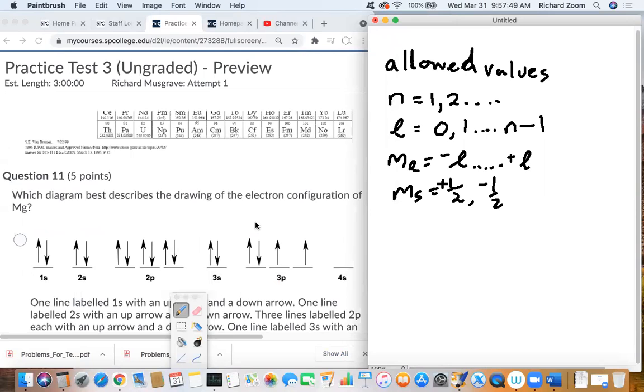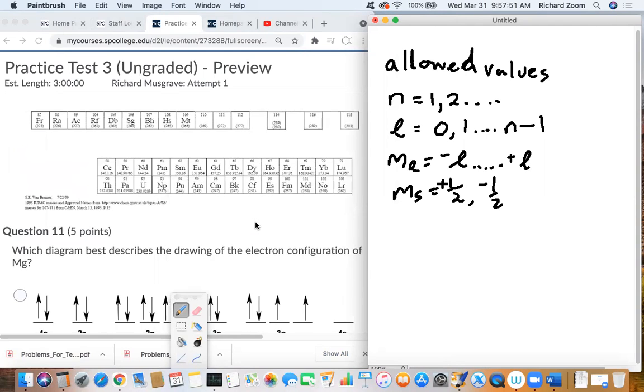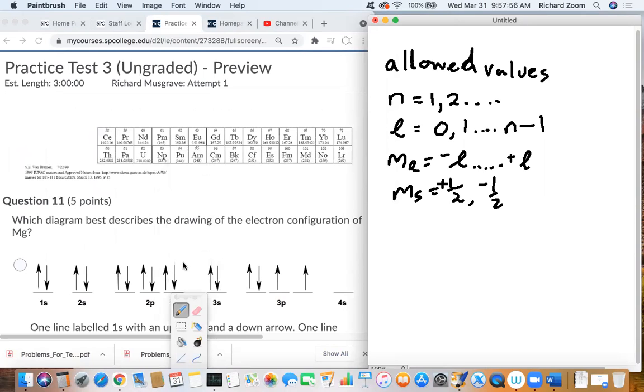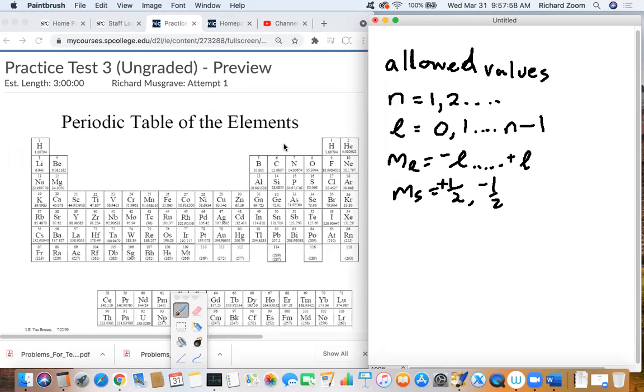Our electron configurations. So this one is looking for the electron configuration of Mg. So what I would do is I would find Mg here and I would write out the full one just for kicks. 1s2, 2s2, 2p6, 3s2, and that would be it.